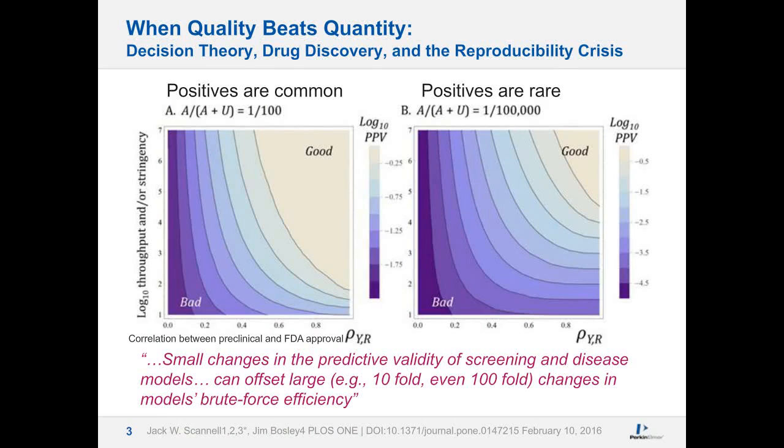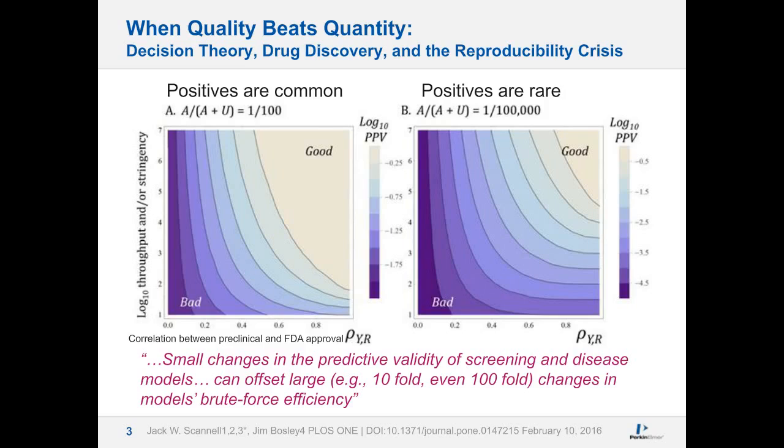Recently, a paper was published by Jack Scannell and Jim Bosley, where they positioned that quality can beat quantity. And they did a mathematical modeling of the drug discovery process to understand how the quality of the models you're using for your research impact your chances of finding good drug candidates.